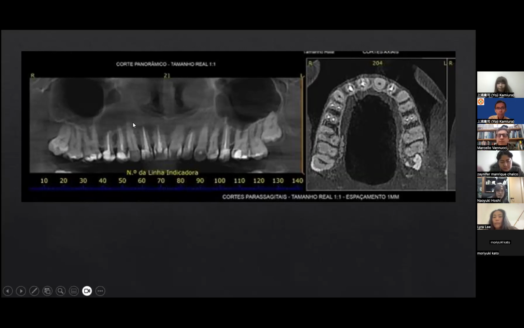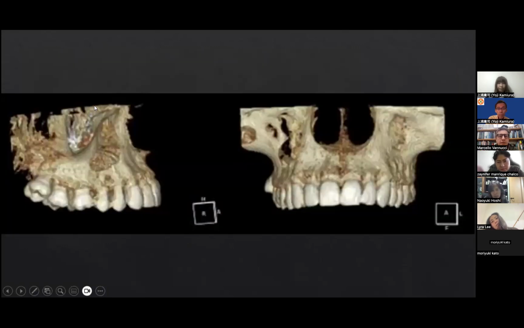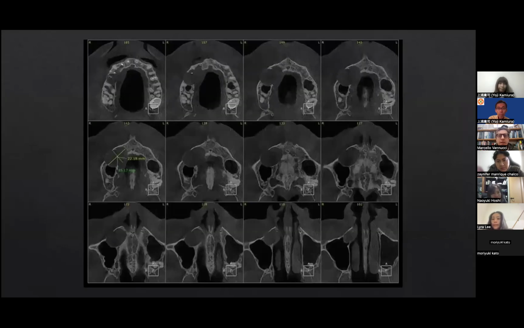So the first point is to understand the correct characteristics of this lesion. So I looked at this by tomographic 3D reconstruction. And look at that, we have a discontinuity in the vestibular side and a discontinuity on the palatine side.